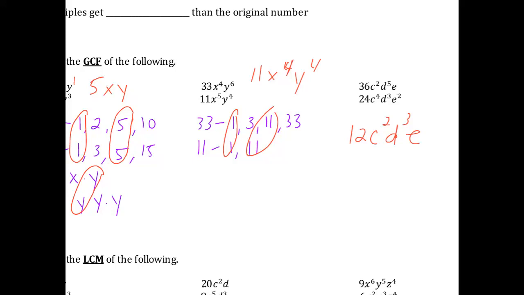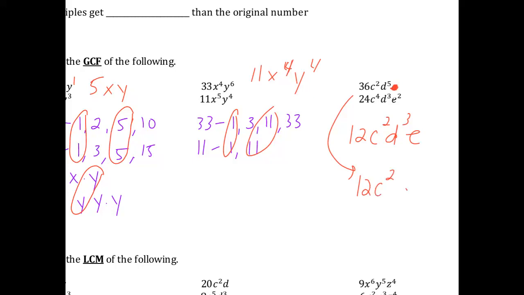Now, real quick, before we move on to the LCM, what would happen here? What do you think if I got rid of this e, if that did not exist? What would that change in our final answer? So again, not the way that it's written in your notes, but let's say that e was not in that first example. Well, if you said that the e would no longer be a part of the GCF in this example, again not the original, you're right.